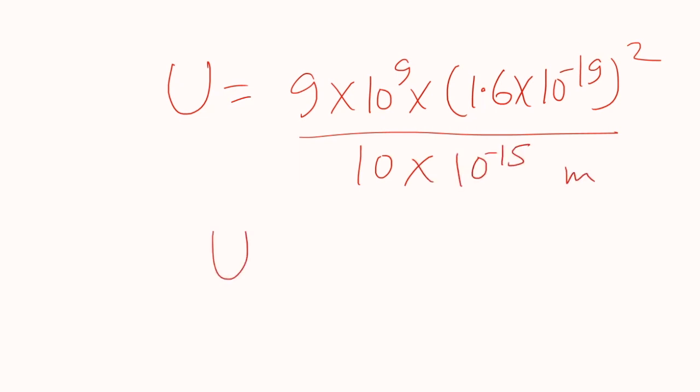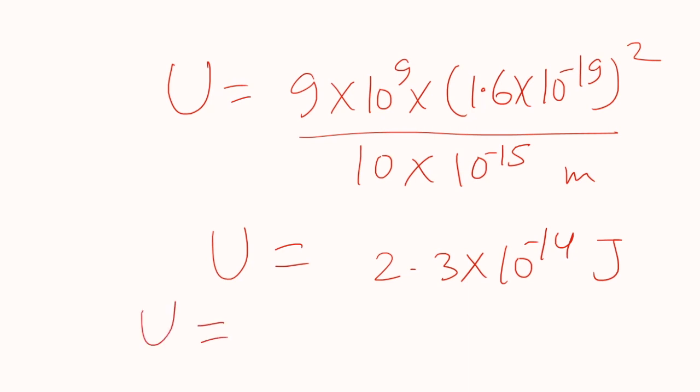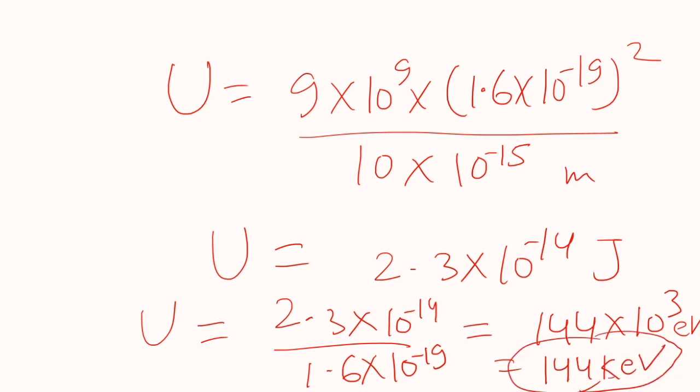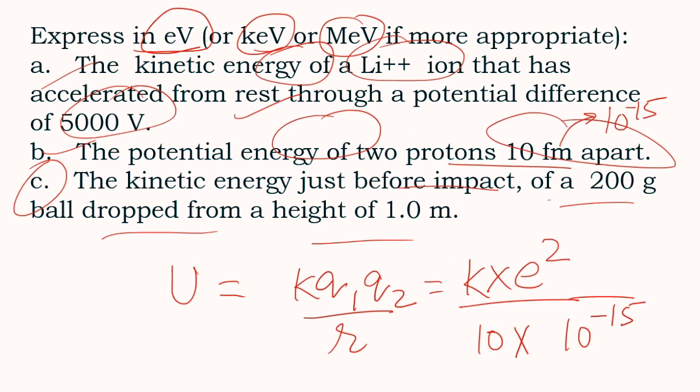When you solve this, U comes out as 2.3 into 10 to the power minus 14 joule. If you want to convert it into electron volts, divide 2.3 into 10 to the power minus 14 by 1.6 into 10 to the power minus 19, and you get 144 into 10 to the power 3 electron volts. So you can write it as 144 kilo electron volts. This is U, the potential energy between two protons kept this much distance apart.